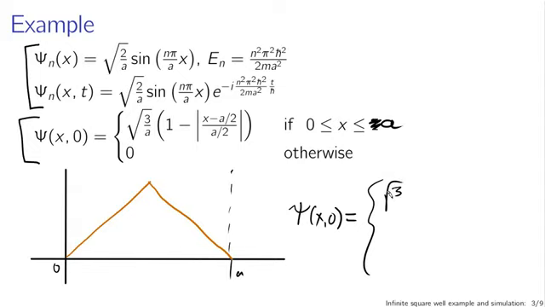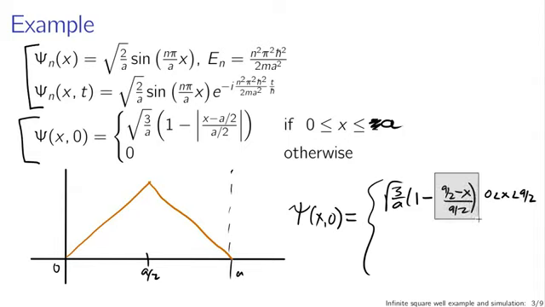First, we have root 3 over a times 1 minus, and for the first half of the interval, 0 less than x less than a over 2, where we have something sloping upwards, this becomes 1 minus a over 2 minus x over a over 2.